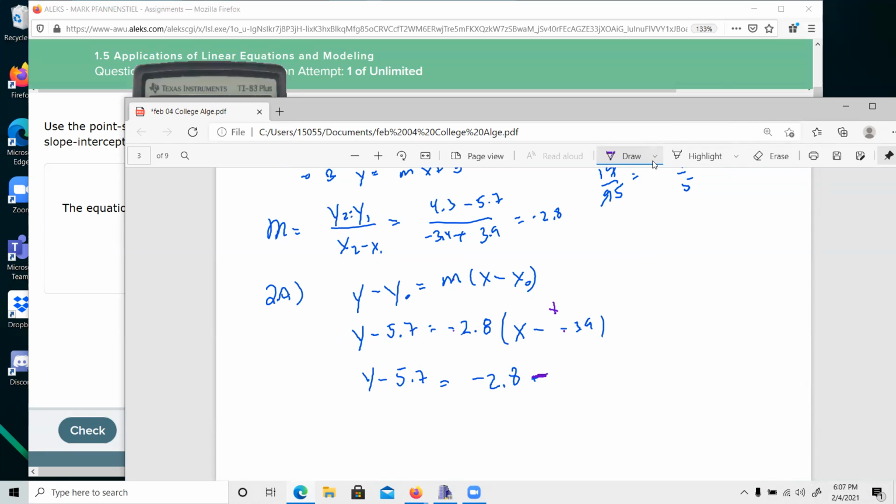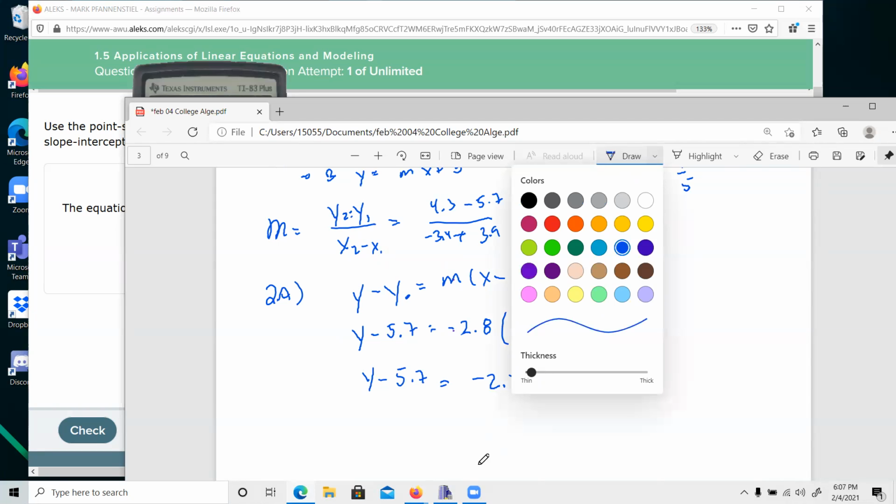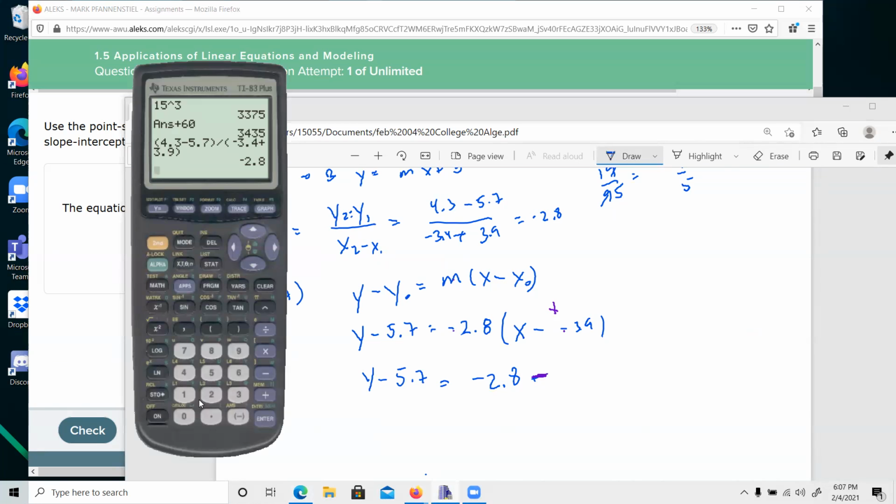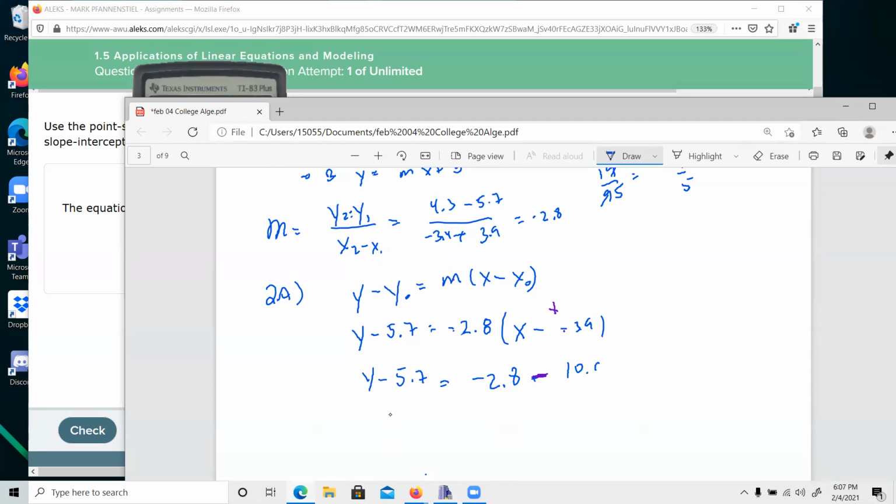All right, so you have to be careful there. And then we're going to have 2.8 times 3.9. And now we're just going to pull this over to the other side. 5.7 plus 5.7. Oop, there's an x here.